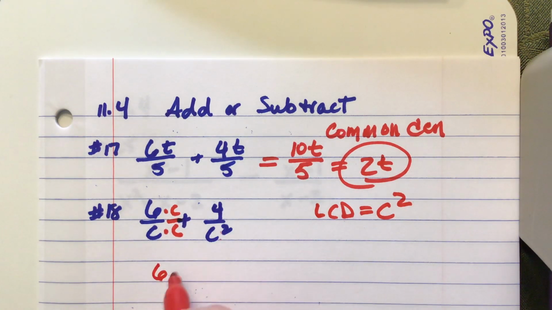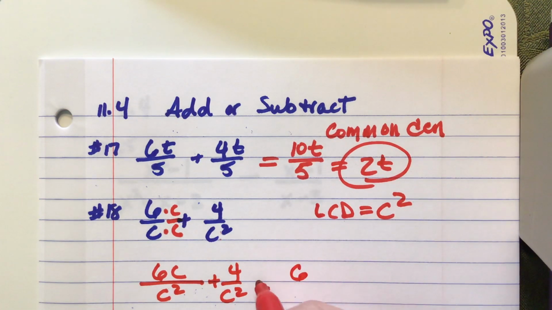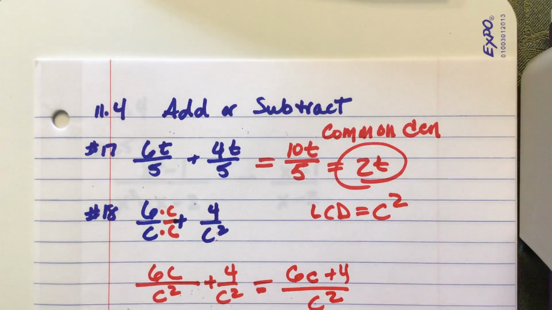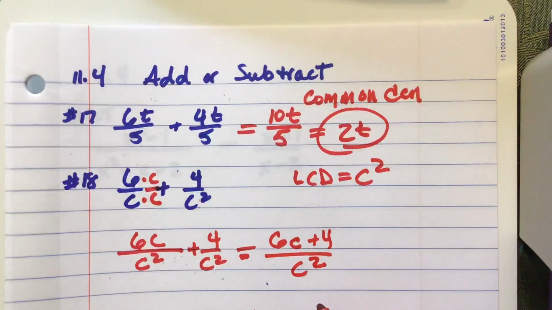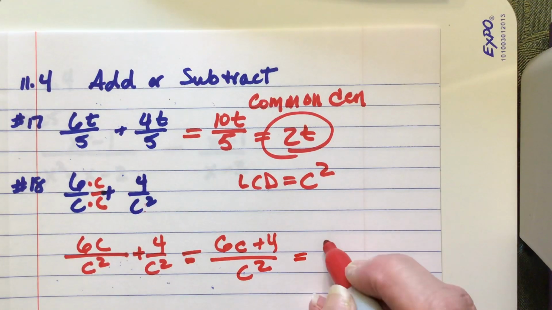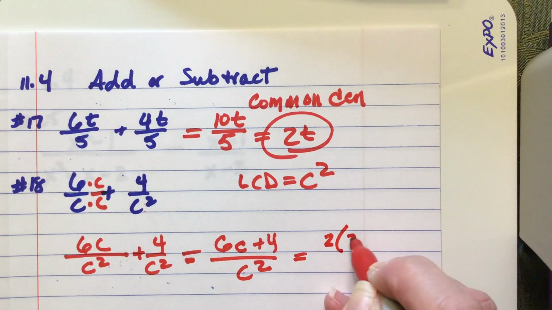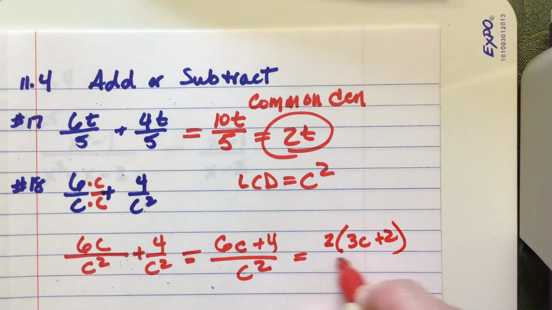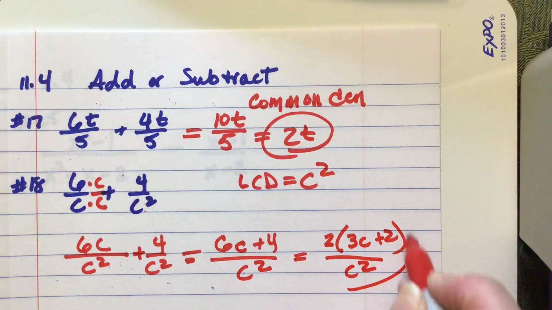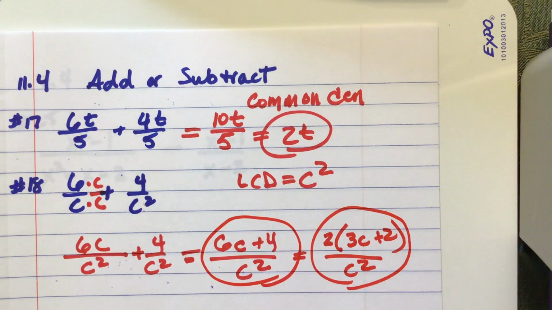So over here I have 6c in the numerator over c squared plus 4 over c squared, and that gives me 6c plus 4 over c squared. Now I can also factor out a 2 in the numerator if I wanted to, so I could say that is 2 times 3c plus 2 over c squared. Either one of these versions would be fine.